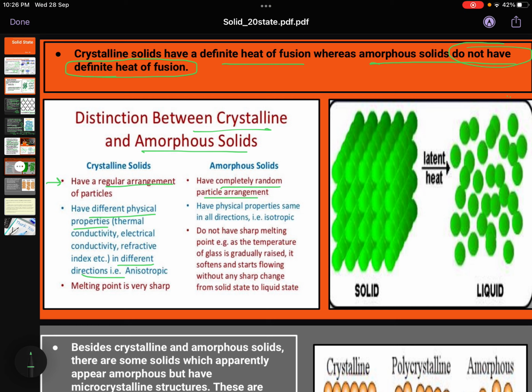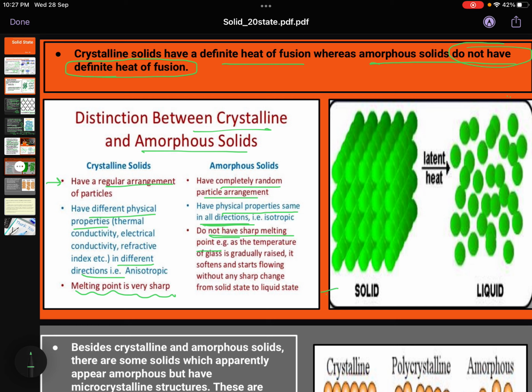We have studied this earlier, and the amorphous solids have the same physical properties in all the directions. The melting point is very sharp in crystalline solids, whereas amorphous solids do not have a sharp melting point.